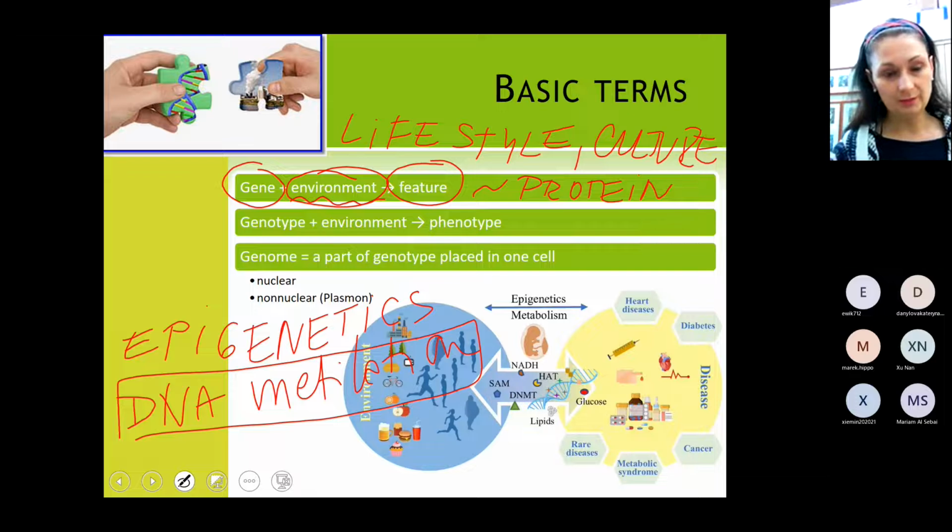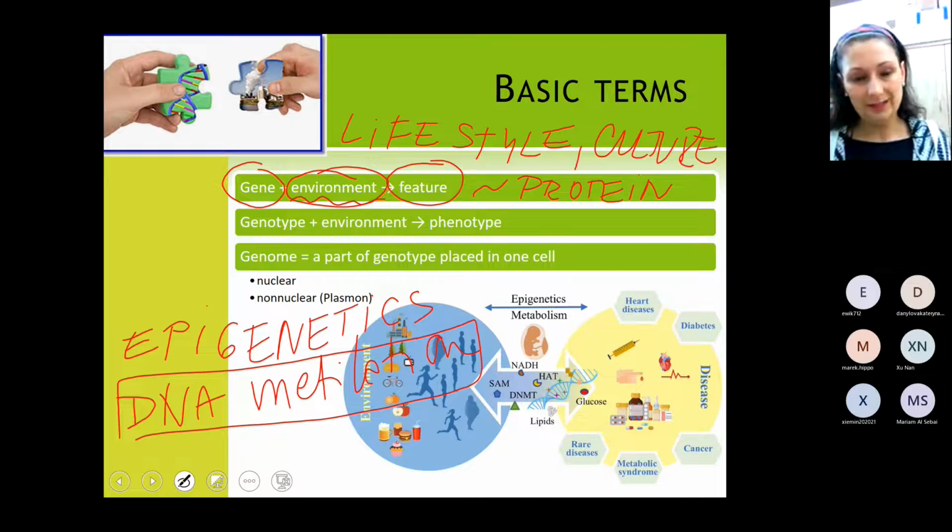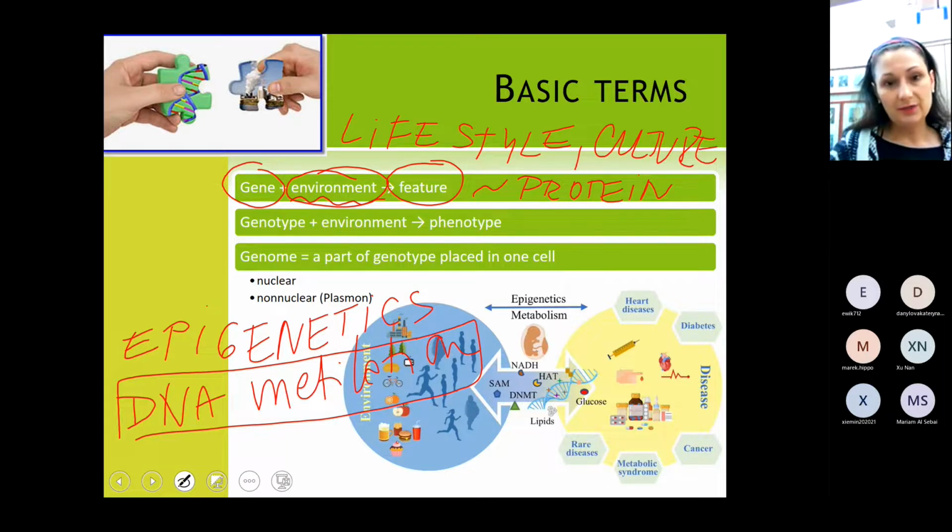However, as we grow older and older, the number of methylations increases. So by the level of DNA methylation, we can assess quite precisely our biological age. The main point of methylation is to simplify the protein synthesis process.